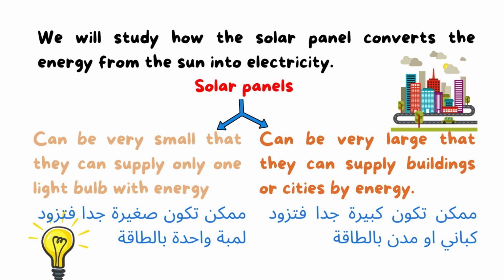Also, we have large solar panels that can supply whole buildings or cities with energy, okay? So solar panels can be very small, so that they can supply only one light bulb, or very large, so that they can supply buildings or cities, okay?